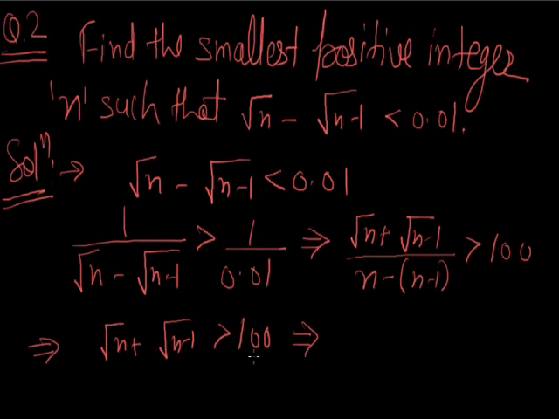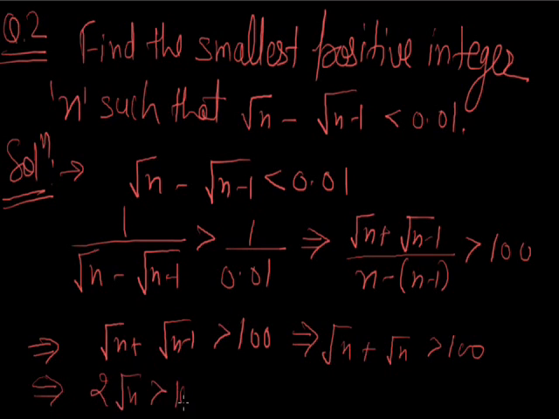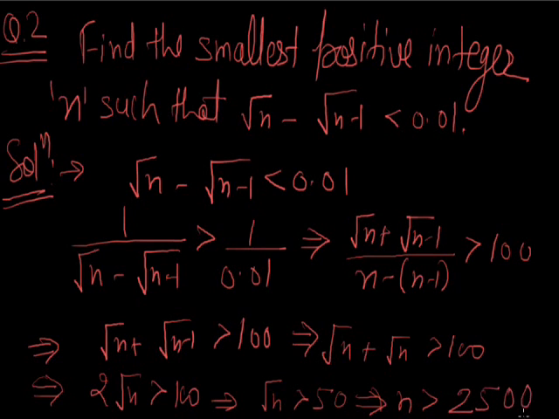Root n plus root n is 2 root n, so 2 root n is greater than 100, or root n is greater than 50, or further n is greater than 2500. Let this be equation 1.